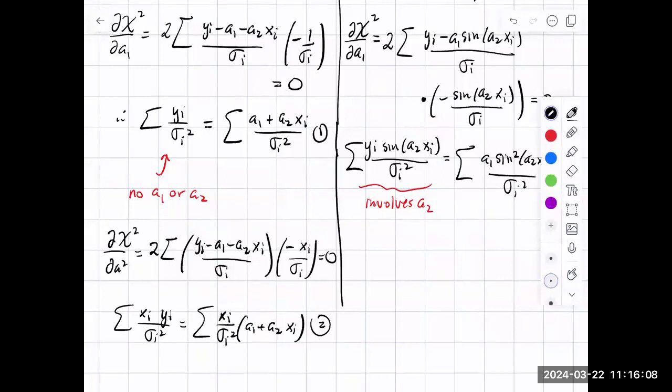And again, when we look at this on the left, we have no a1 or a2. Yeah. In the one that you had says involves a2, why would you not just divide by sine a2 xi also? You can't do that, it's inside a sum.